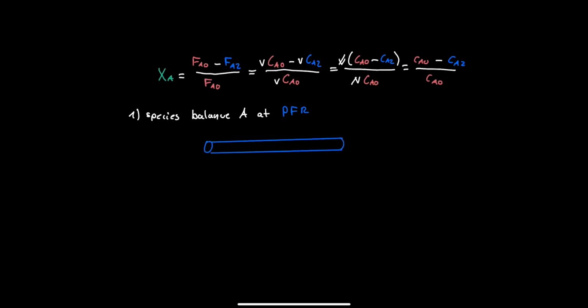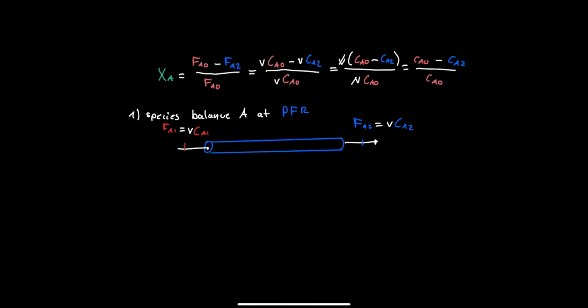On the left side, we have the molar flow rate Fa1, which is coming from our CSTR, and this is equal to the volumetric flow rate times the concentration Ca1, which leaves our CSTR. Leaving our PFR, we have the molar flow rate Fa2, which is equal to the volumetric flow rate times the concentration Ca2.